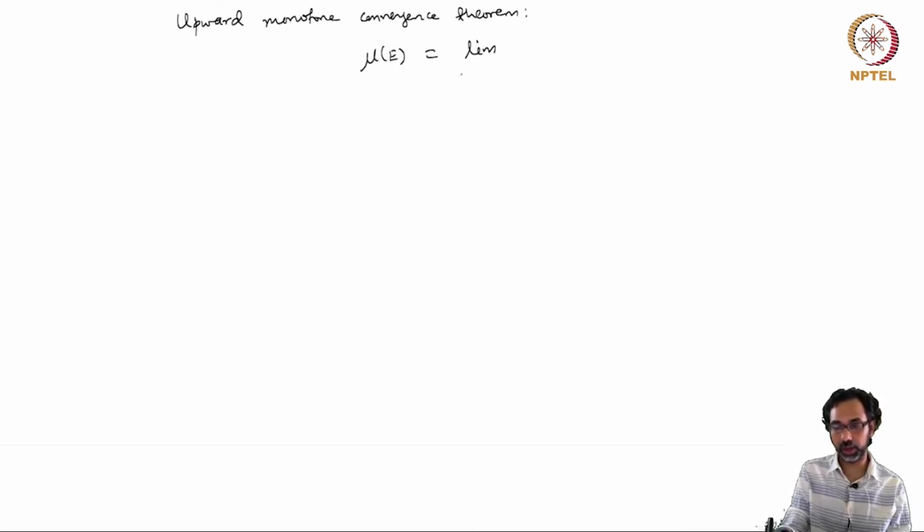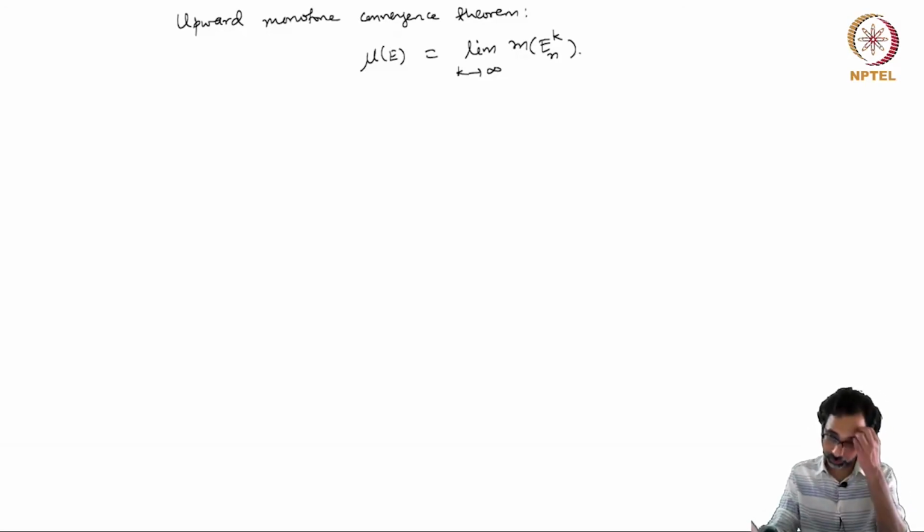So now I am going to use the upward monotone convergence theorem, which states that the measure of E is equal to the limit as k tends to infinity of mu of E_{n,k}. This is the statement of the upward monotone convergence theorem.